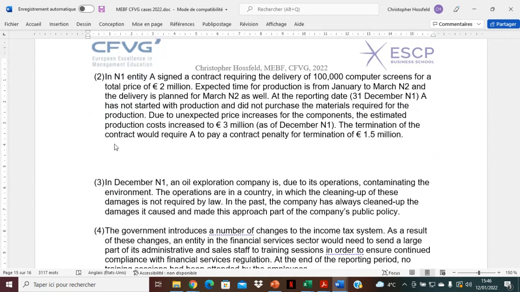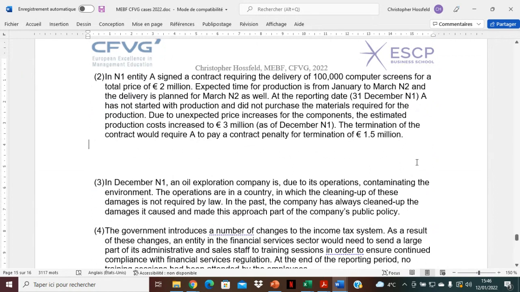At the reporting date, A has not started with production and did not purchase the materials required for the production yet. Due to unexpected price increases for the components, the estimated production cost increased to 3 million. Termination of the contract would require A to pay a contract penalty for termination of 1.5 million.